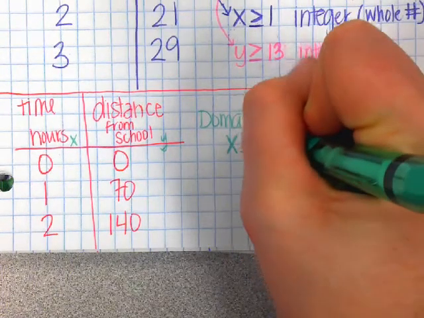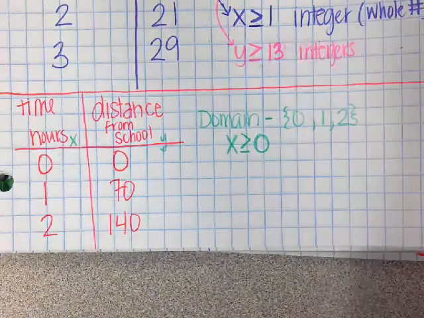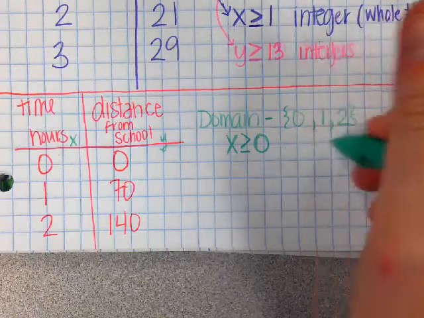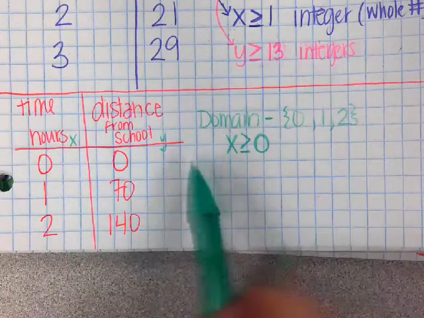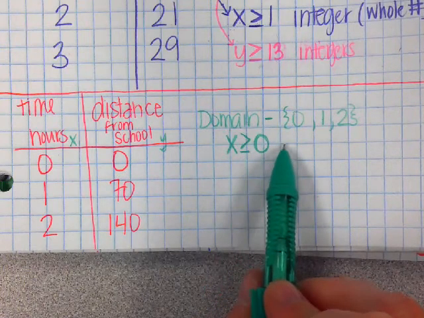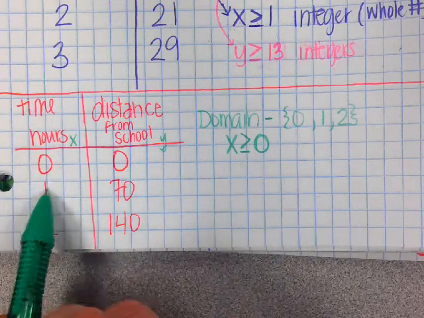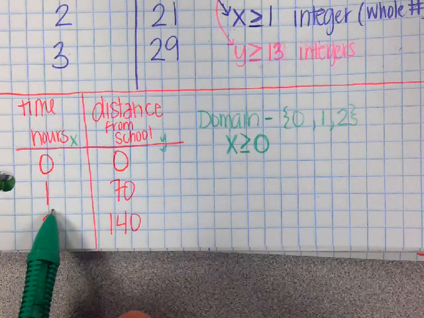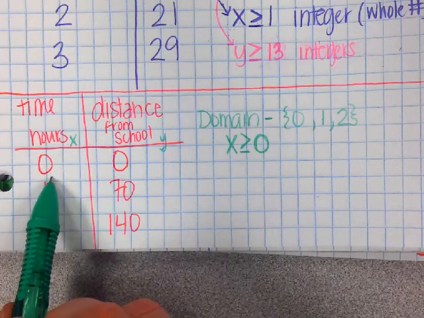So my time is 0, 1, 2. We can't have negative time since we left school, so it has to be greater than or equal to 0. So x is greater than or equal to 0. If you think about it, can you have half of an hour? Can you have 1.5 hours?